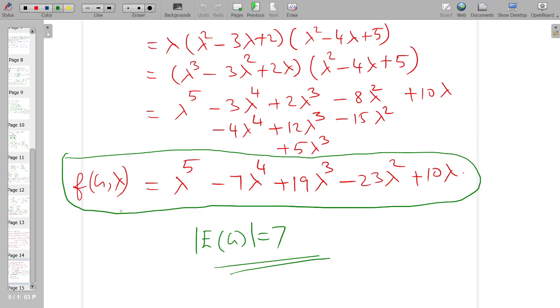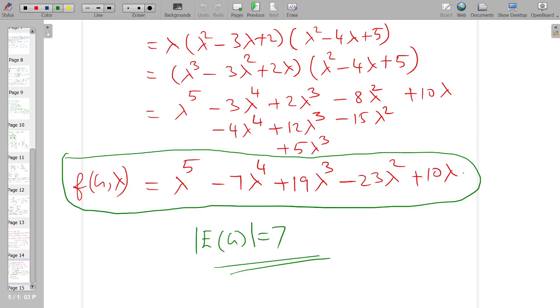We don't know what would be the coefficient of lambda cube or lambda squared. I have not checked it, but still the number of edges in the graph is 7. So this is the chromatic polynomial of the given graph G. So this completes this particular problem.